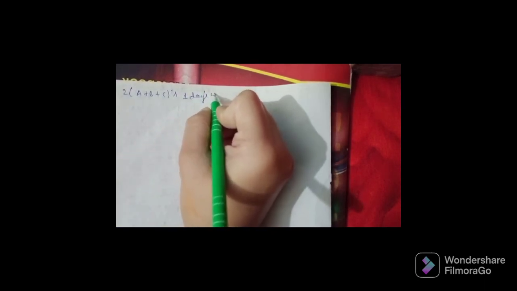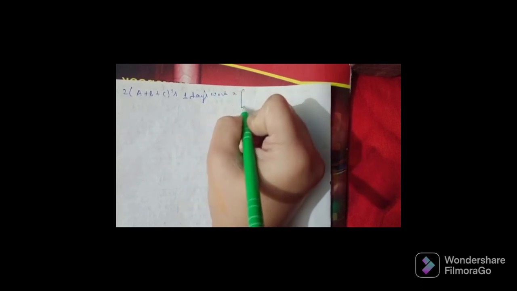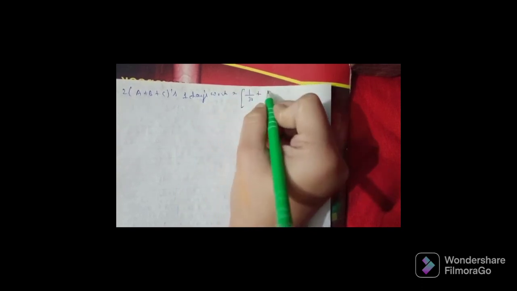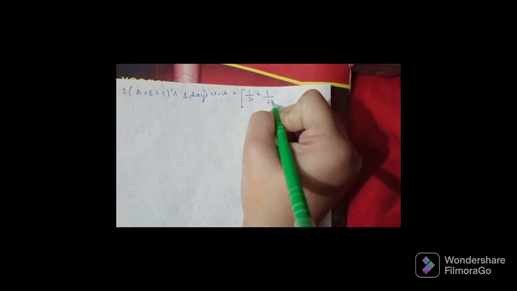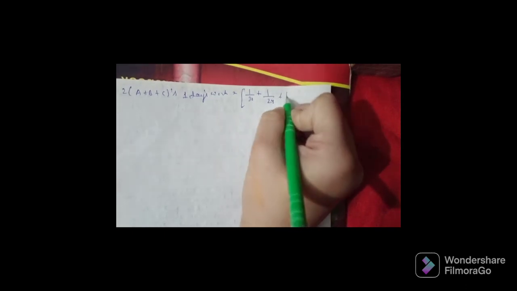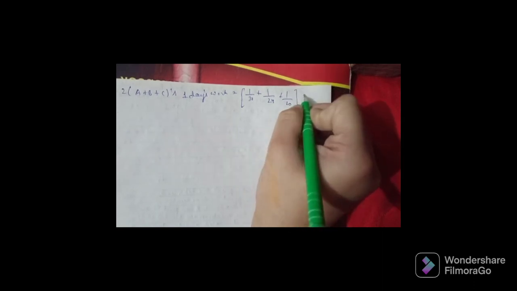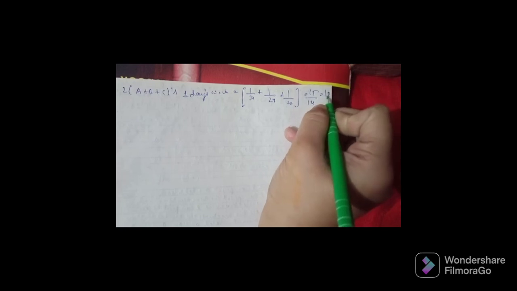Another question. With the same we go here. 2(a + b + c)'s 1 day's work equals 1/30 + 1/24 + 1/20, which equals 15/120, which is 1/8.